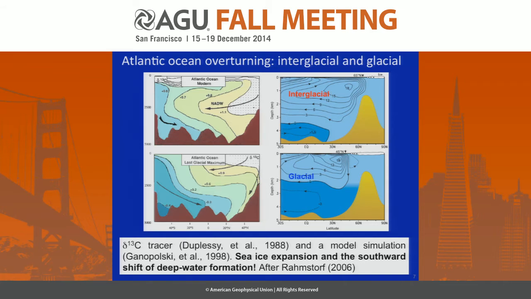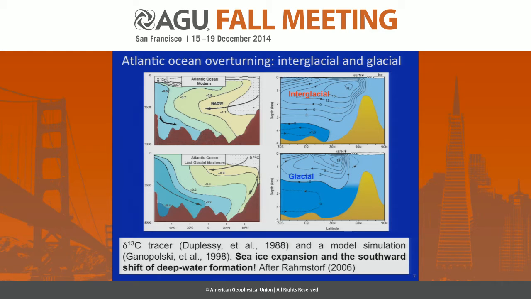So now we go back to this idea of stability and instability during glacial interglacial times. As one of the previous speakers emphasized, there is a mean shift in sea ice cover during glacial times and then a retreat during interglacials. Associated with that, there is a shift in deep water formation.